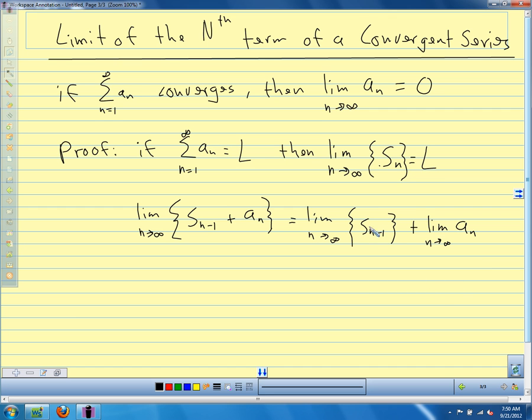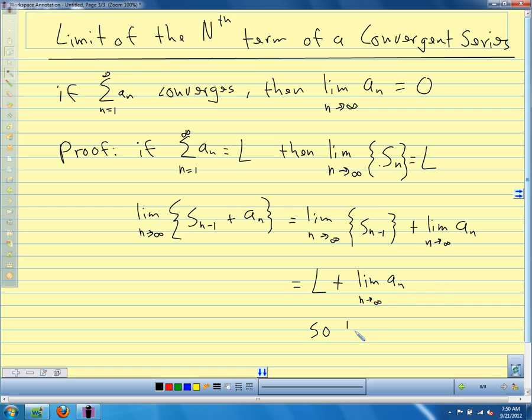Well, the limit of the n minus 1 partial sum is the same as the limit of the nth partial sum. So that equals L plus the limit as n approaches infinity of a sub n. And since we know that our limit is L, we can't add anything else.